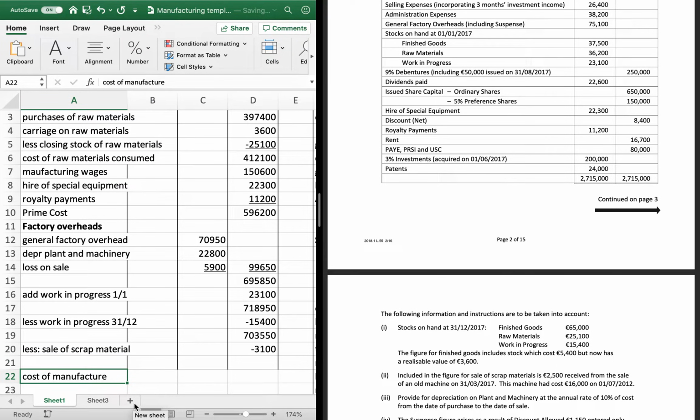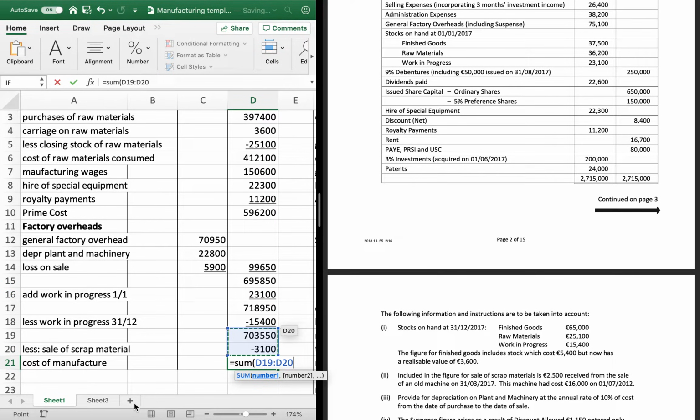There's no profit on the sale of machinery, so there was a loss. So our final figure then, we're going to reduce by 3,100. So your cost of manufacture is 700,450.